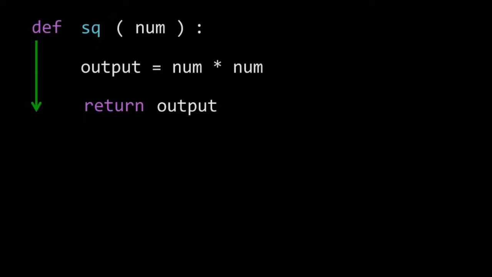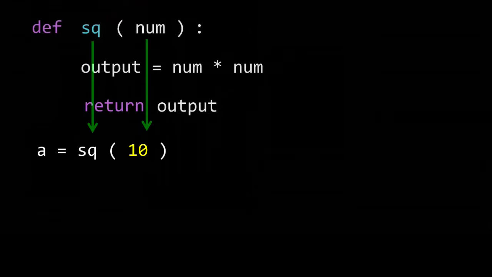Here we will call the function. The function is returning the value, so we'll assign this value to variable a and write down a is equal to sq, that is the name of the function, 10, that is the value for the num.